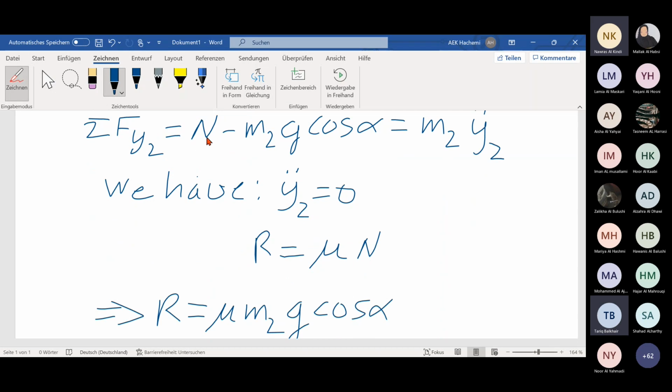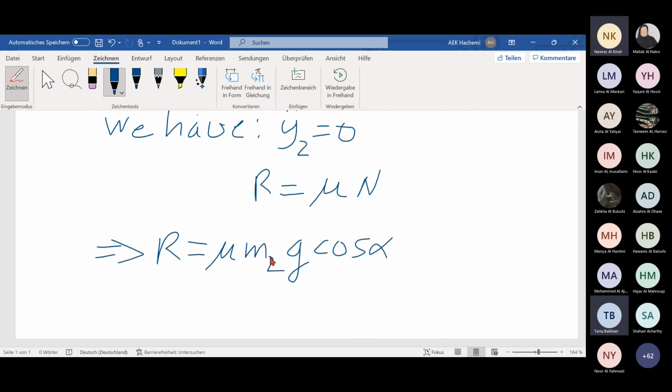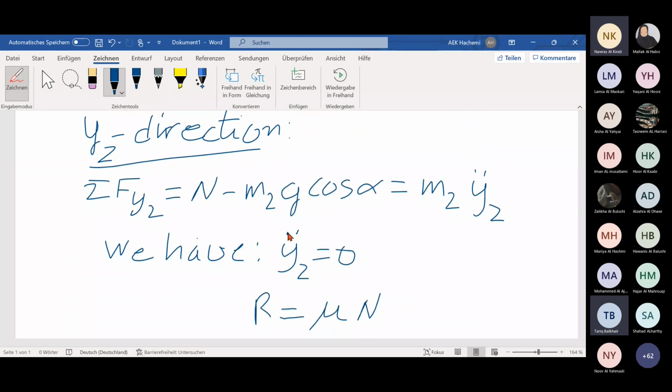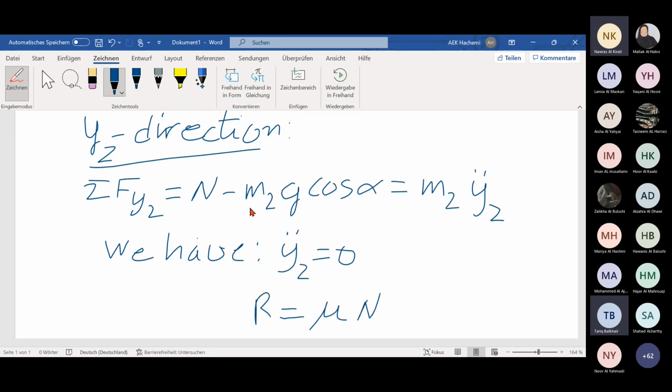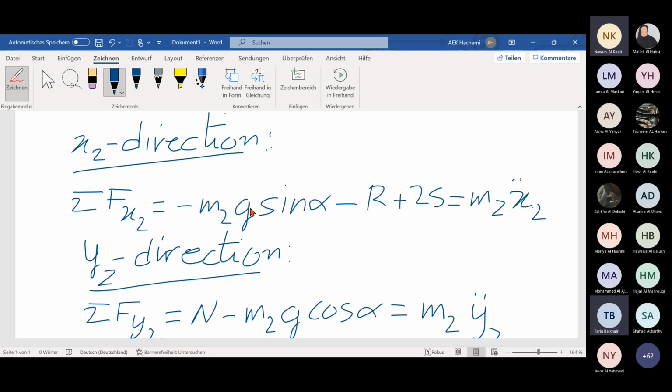In this case, we replace n by r. Then we have mu multiplied by m2 g cosine alpha, as n is only m2 g cosine alpha. Then we have this relationship. Then we can put these terms here in this equation, which I call equation 1.